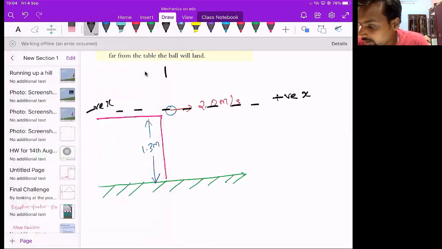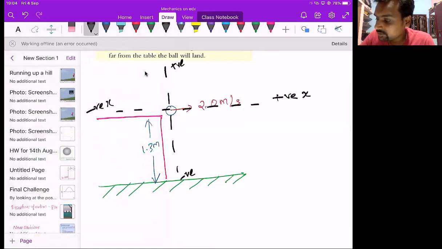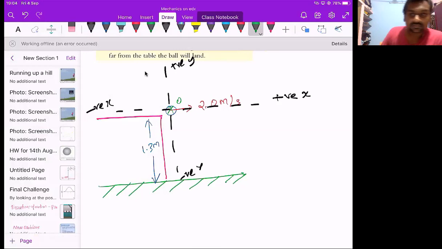I'm going to make this the y-axis, this being positive y, this being negative y, and the origin being here, this is 0. The ball is at the 0,0 position.